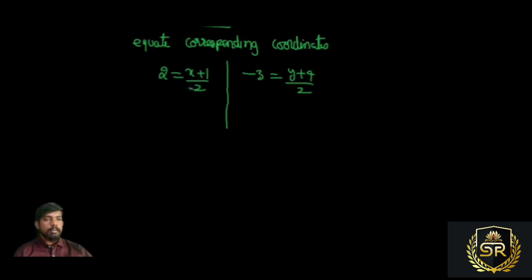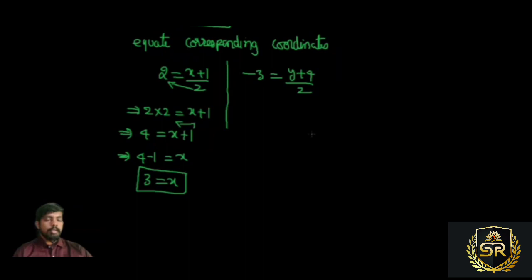So 2 comes to the left-hand side: 2 times 2 is equal to x plus 1. 2 twos are 4, equal to x plus 1. 1 comes to the left-hand side: 4 minus 1 is equal to x. 4 minus 1 is 3, so x is equal to 3.